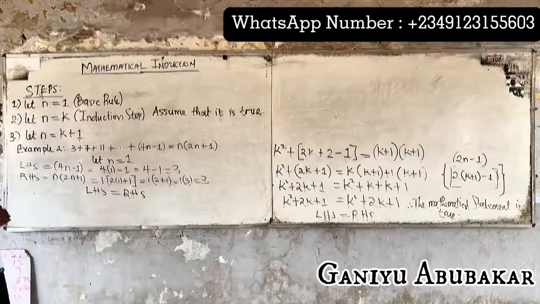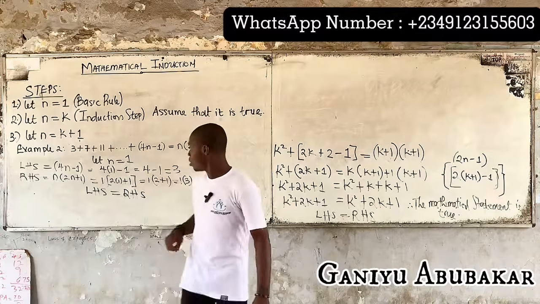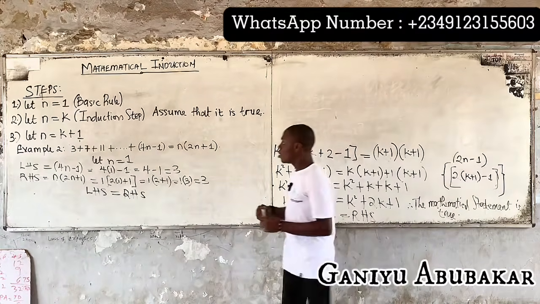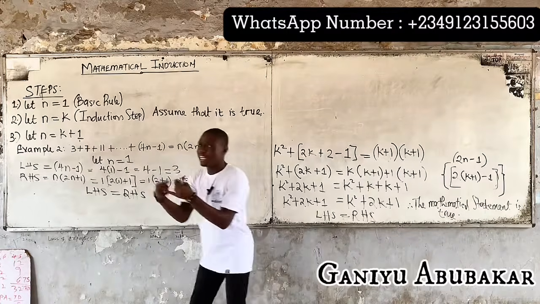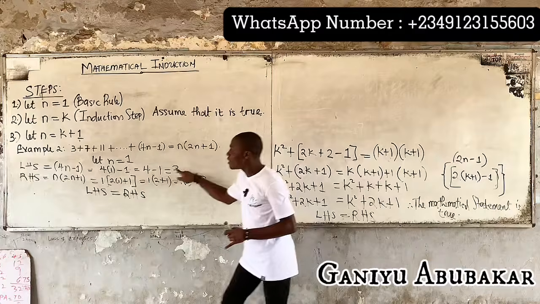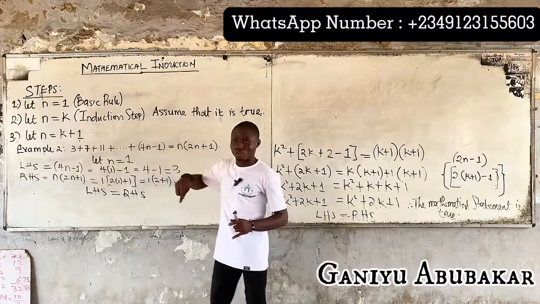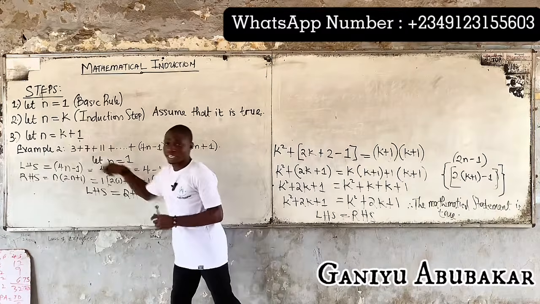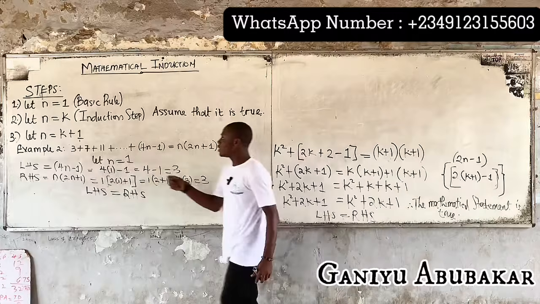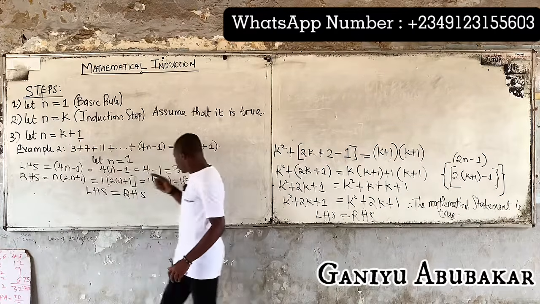Now let me emphasize something. Check your previous example with this one. Always note that whenever you say let n be 1, the answer, 3, will be the first thing that comes in your question. Check your other example. Check the answer you have and check what begins that expression. It's still 1. So the first term gives you what you are expecting.